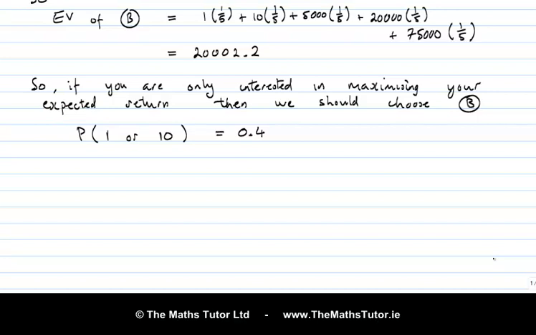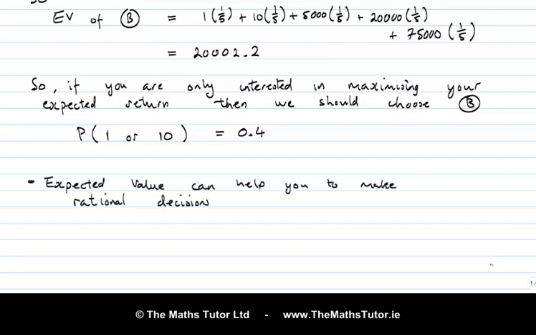So I'll conclude this lesson by making 2 points about using expected value to make decisions. The first point is that expected value can help you to make rational decisions. If you're given choices, one way to evaluate them is to calculate the expected value, and then you can base some of your decision making on comparing the expected values.